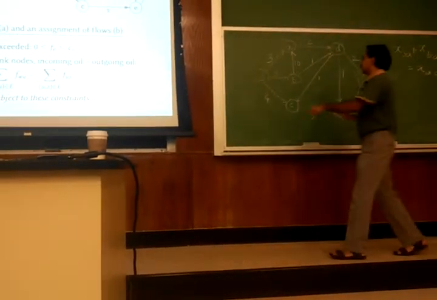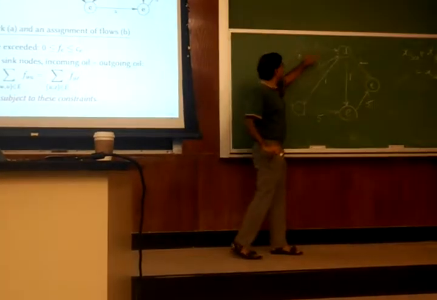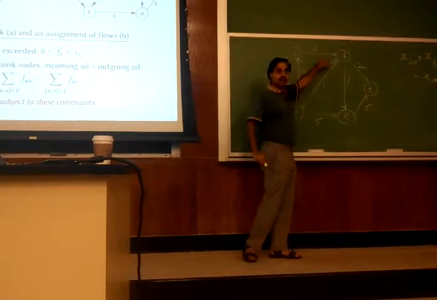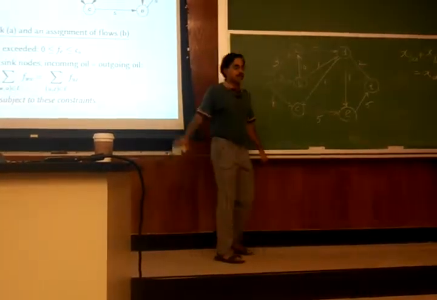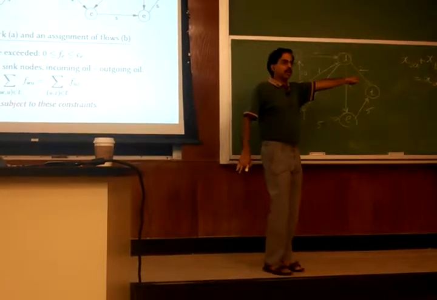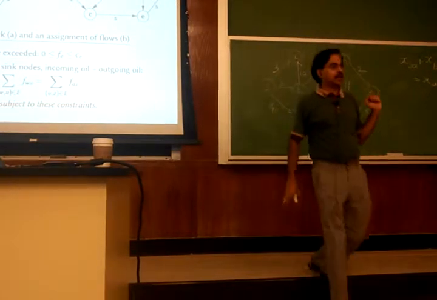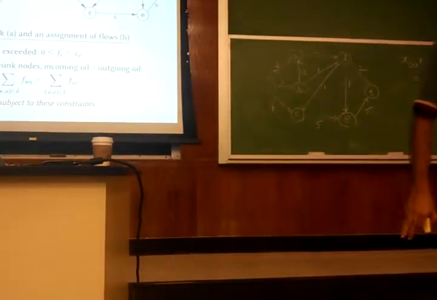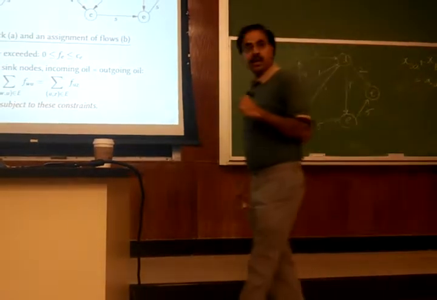That says that the flow that comes into A from these two edges should be the same as the flow that goes out. For each of those vertices, you will have equations of this form. Those are the additional constraints. These are equality constraints as opposed to inequality constraints, but the capacity constraints are inequality constraints.